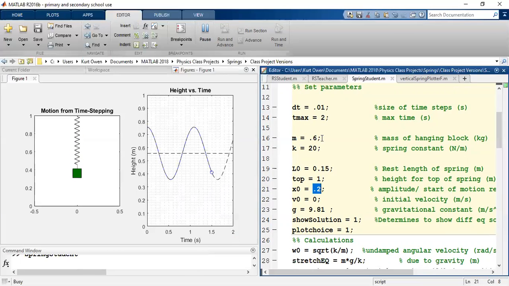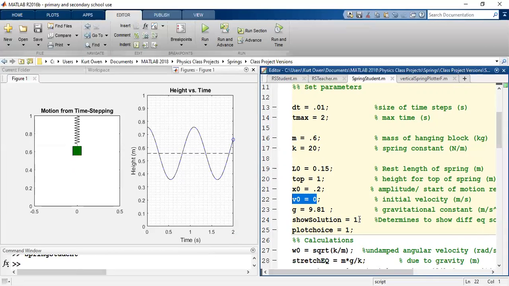That's going to be derived from the mass, the rest length, and the spring constant. But this will tell us how far the oscillations start above equilibrium for now. We have no initial velocity. We'll change that as we move along later. We'll be able to start in different places with different speeds, but for now that's set to 0.